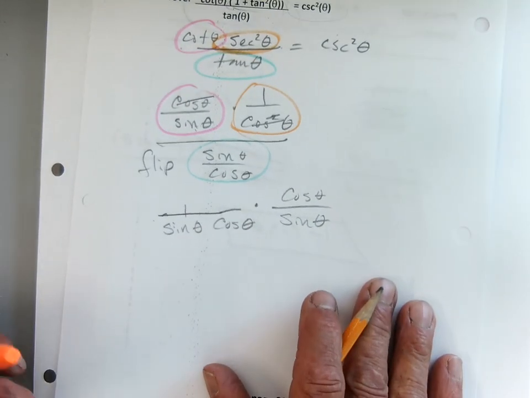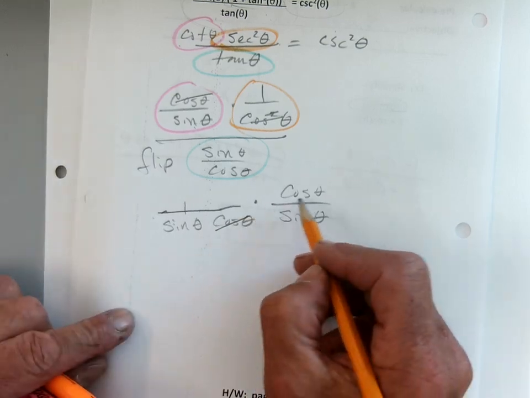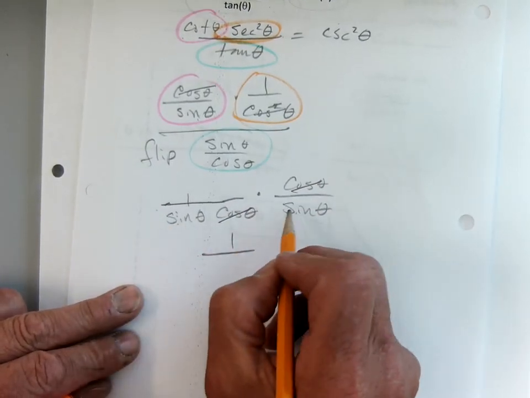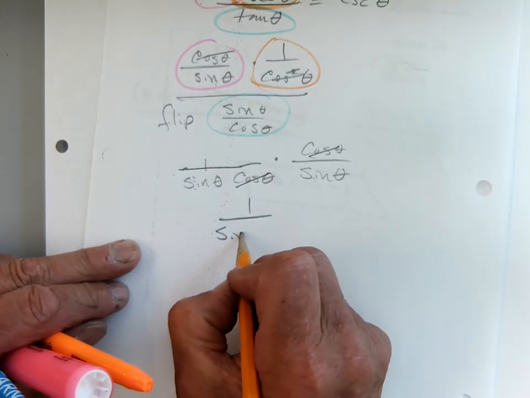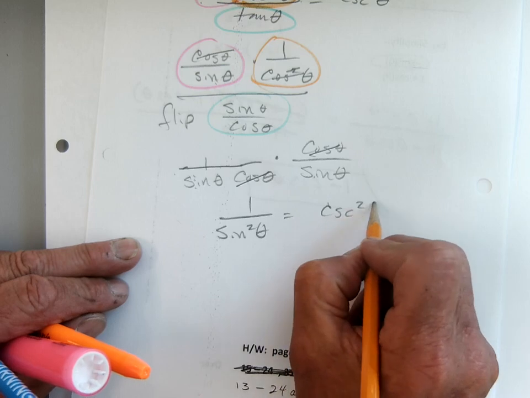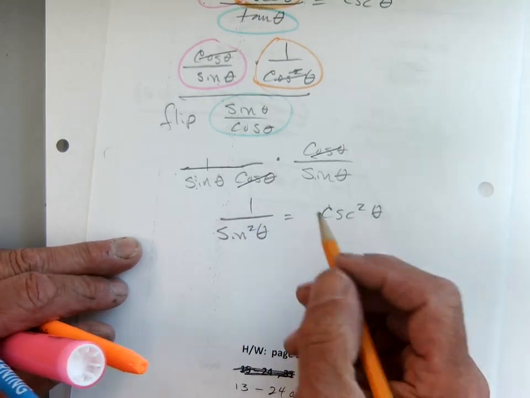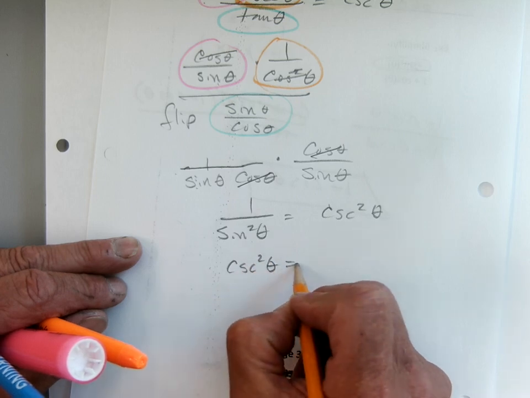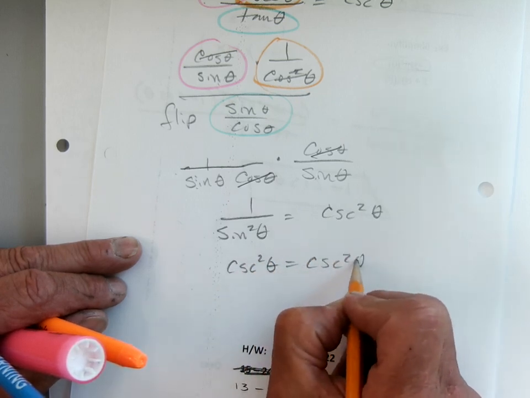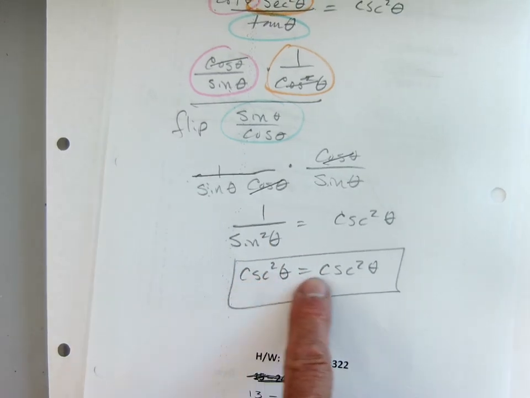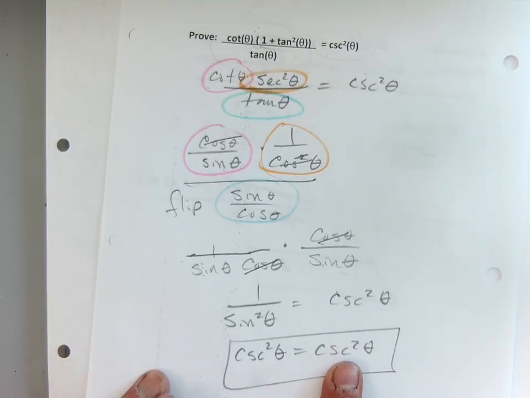All right, now what do we got? Well, cosines will cancel, right? And then what am I left with? 1 over sine times sine, or 1 over sine squared theta is equal to cosecant squared theta. Well, 1 over sine is cosecant, so I can change this to cosecant squared theta is equal to cosecant squared theta. And there I have proved my identity because this side is exactly the same thing as this side, so I have done a proof.